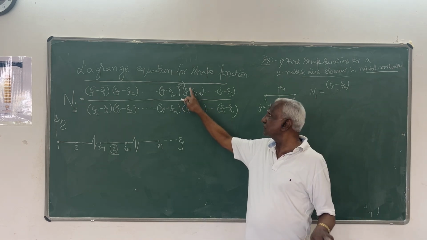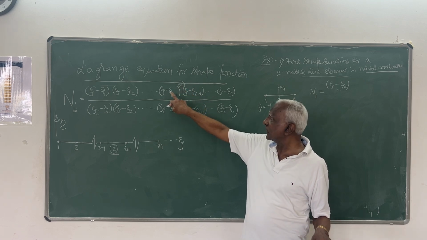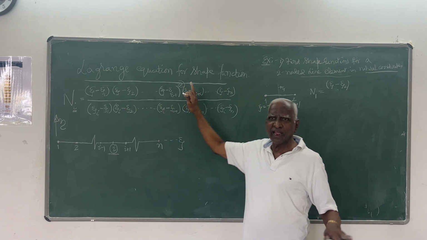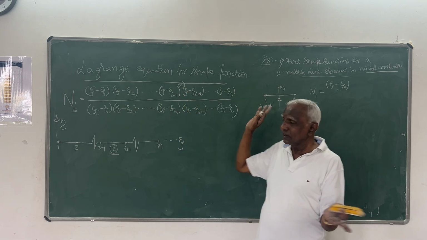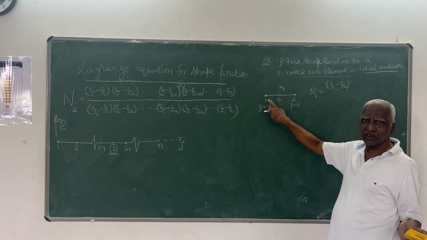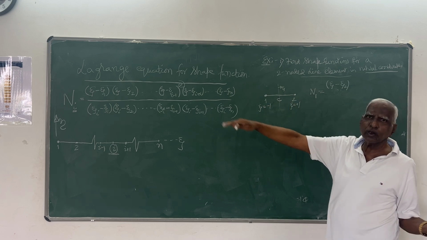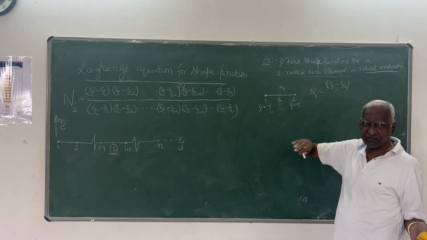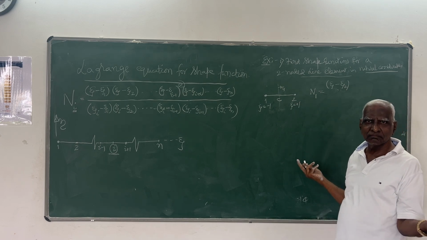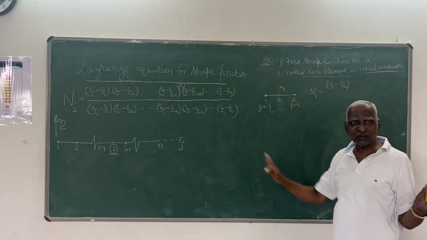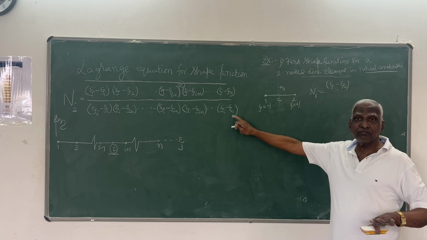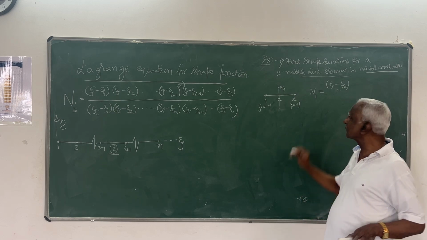For writing the shape function for I, we are taking I minus 1, I minus 2 and all those things on the left side as well as the right side nodes. Here, only two nodes. I am writing the shape function for 1. There are no other left side nodes. Only one node on the right side. Clear? That's all you have to remember. It is a simple, straightforward thing. Only there should not be any confusion while applying the formula.